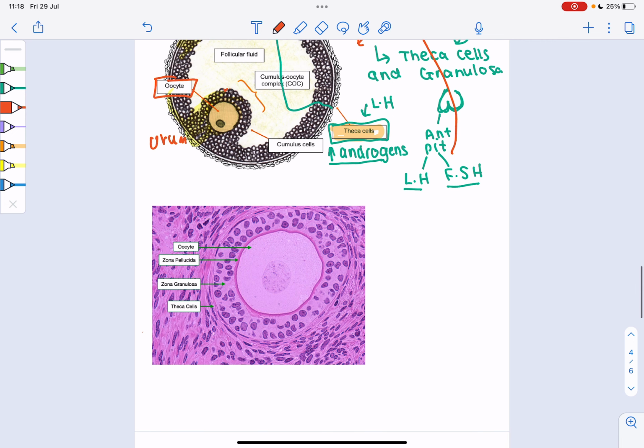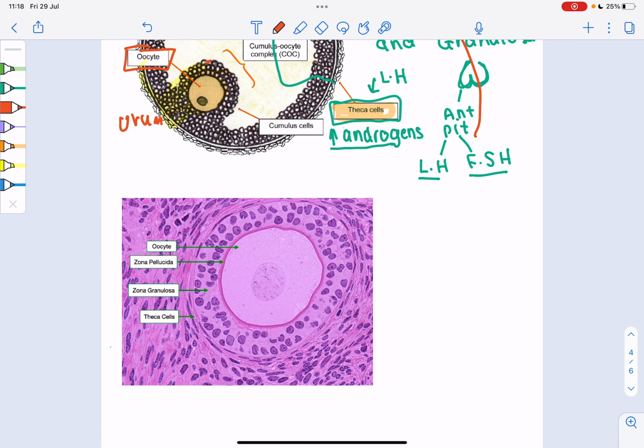So let me explain the same process here on a histological picture. Here's your oocyte. Here is your zona granulosa. These are your granulosa cells. And here are your theca cells. So again, what's happening? Your anterior pituitary releases two hormones, LH and FSH.